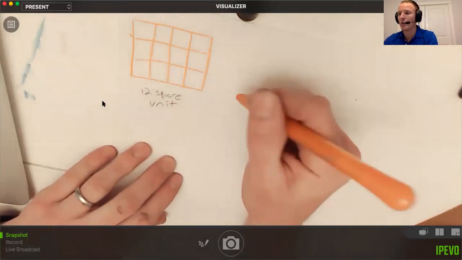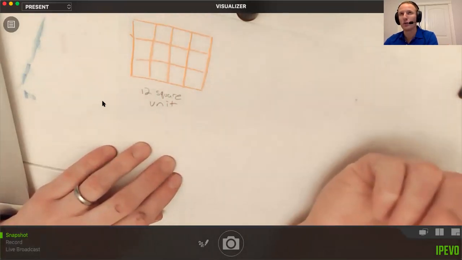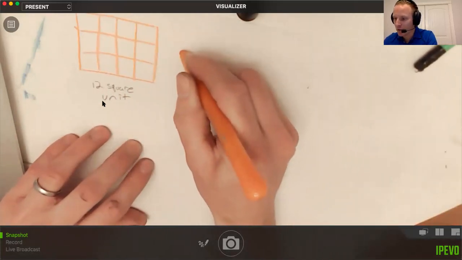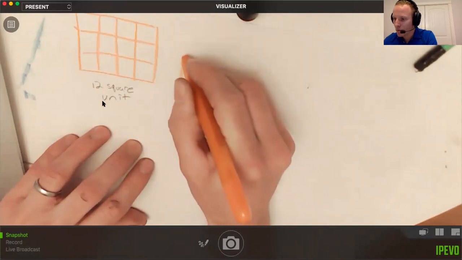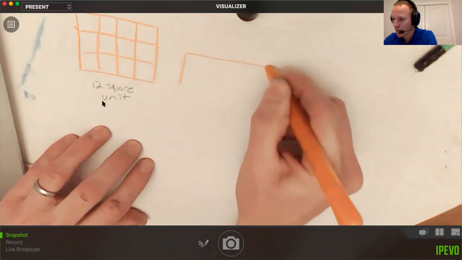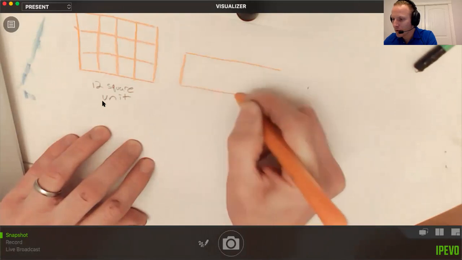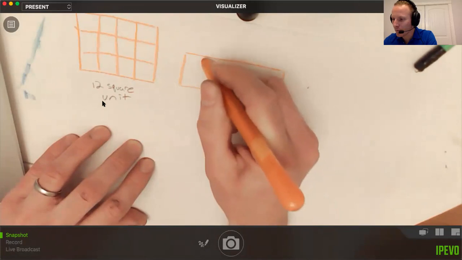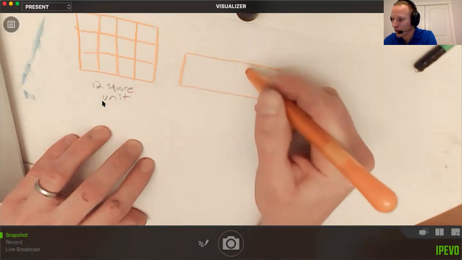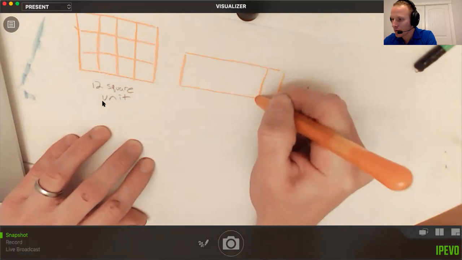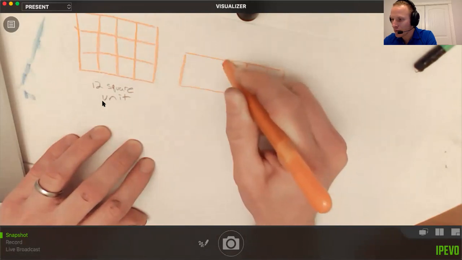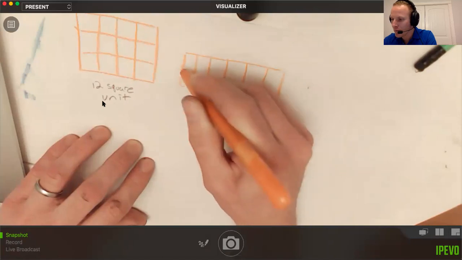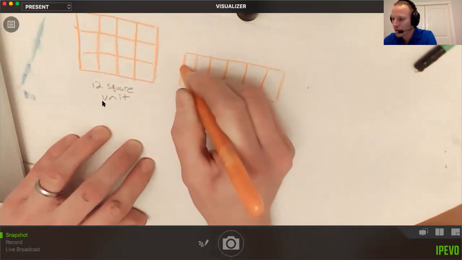And so you might say, all right, what other arrays make 12? Well, 2 and 6. So I could make a 2 by 6. Again, excuse my inability to draw perfectly here. 1, 2, 3, 4, 5, and then right down the middle.